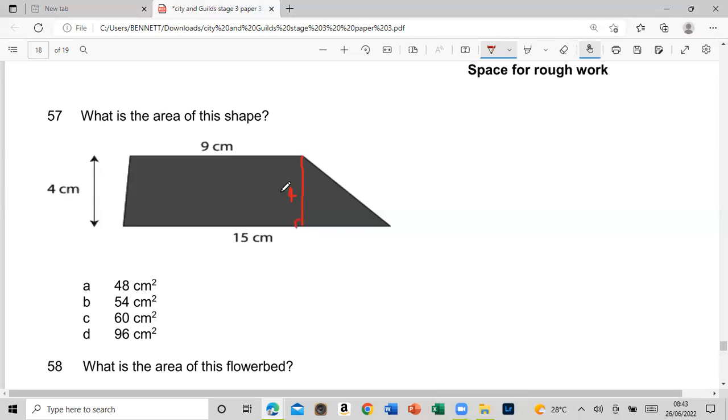So 15 minus 9 would be 6. This portion here would be 6 by 4 for the triangle, which works out to 12. But this portion we have 9 by 4, which is 36. So that's 48. The answer is 48.